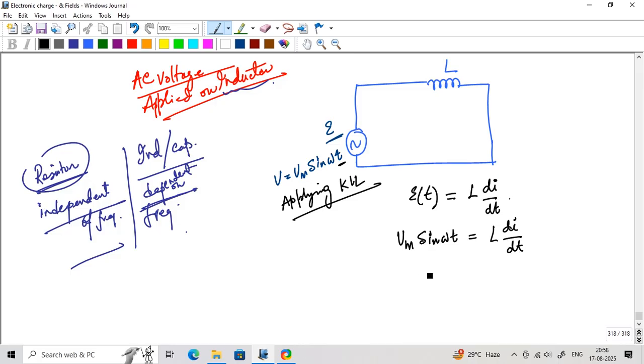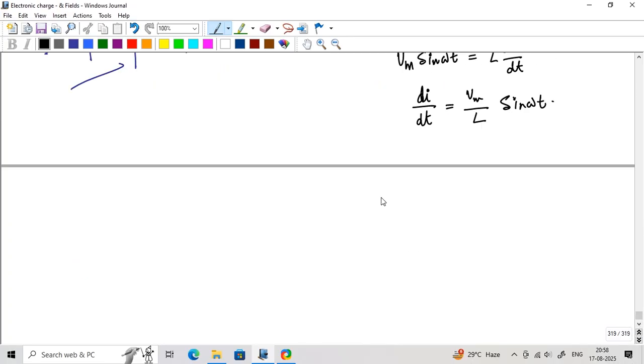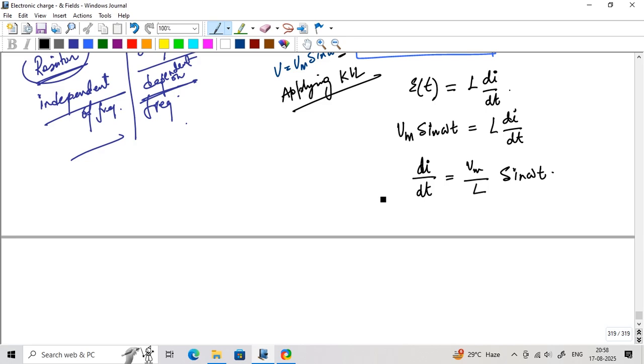Now di/dt is equal to Vm by L sine omega t. Keep in mind, Vm by L is a constant.